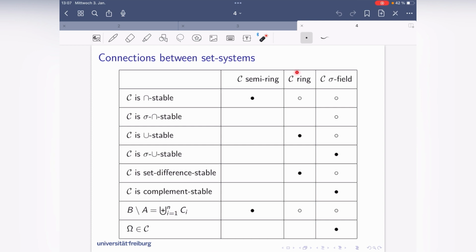We have rings generated from semi-rings, for example. They're also pretty easy to describe because, as we saw, we just need to take all disjoint unions of members of the semi-ring in order to get the generated ring. For the sigma field, it's more complicated. We don't really have a good example of this yet.